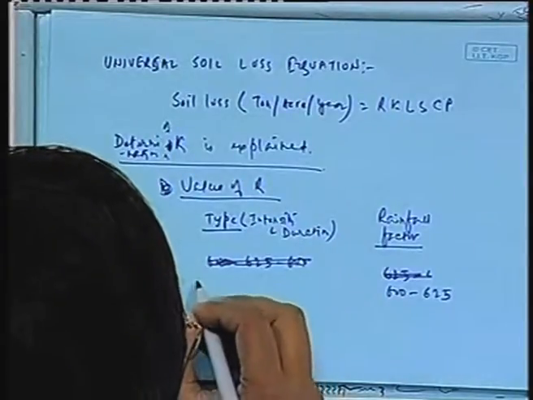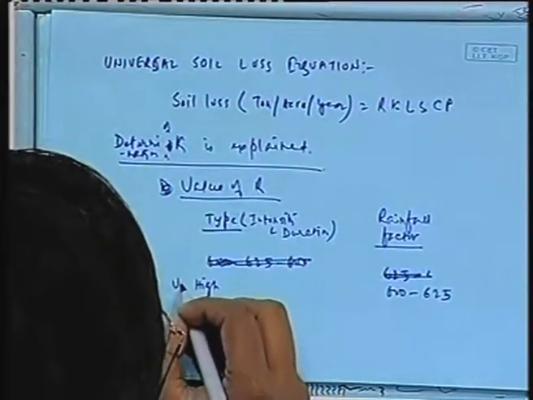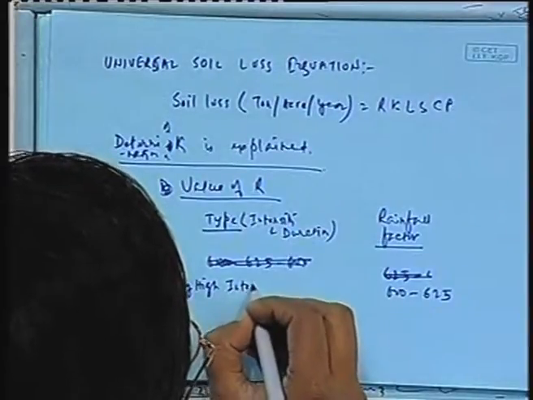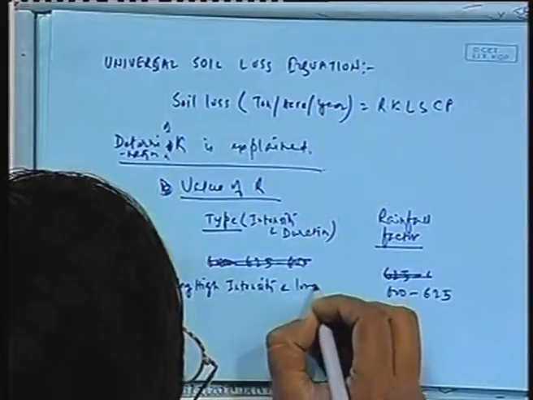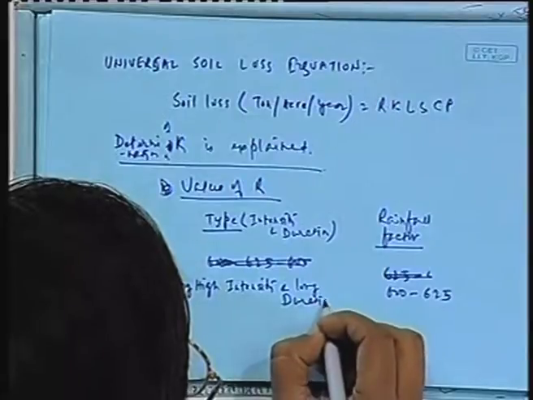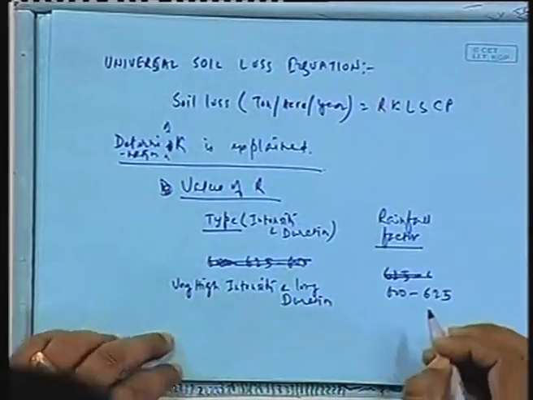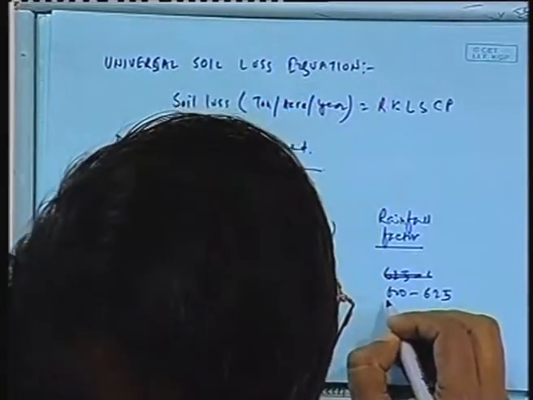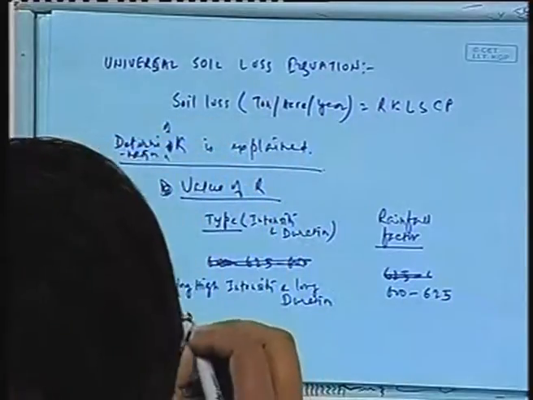Try to understand this: very high intensity and long duration rainfall areas. The rainfall factor that we use is about 600 to 625.